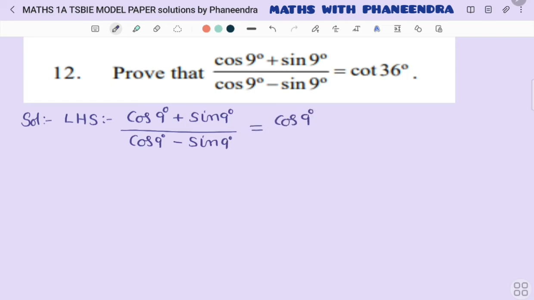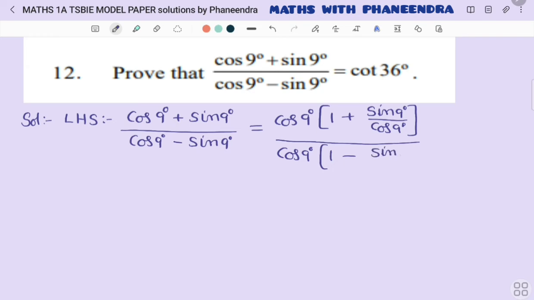So 1 plus sin 9 degrees by cos 9 degrees. Similarly, from the denominator, cos 9 degrees taken common, 1 minus sin 9 degrees divided by cos 9 degrees.